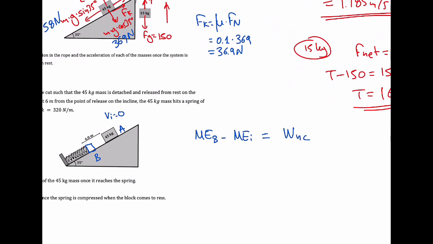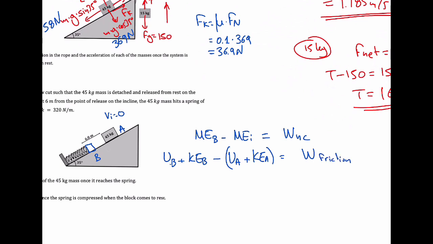Mechanical energy at B means potential energy at B plus kinetic energy at B minus potential energy at A plus kinetic energy at A. It is equal to the work by non-conservative forces. This means work by the friction.